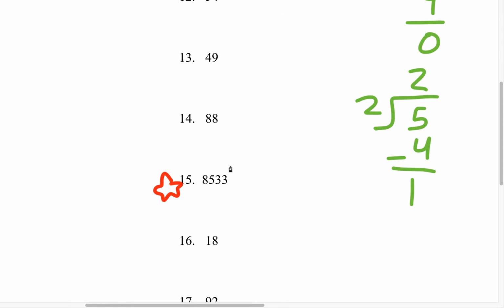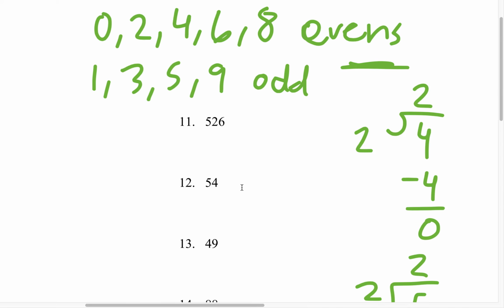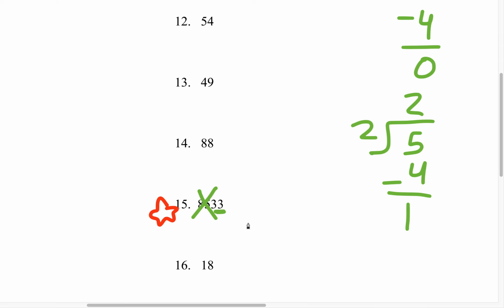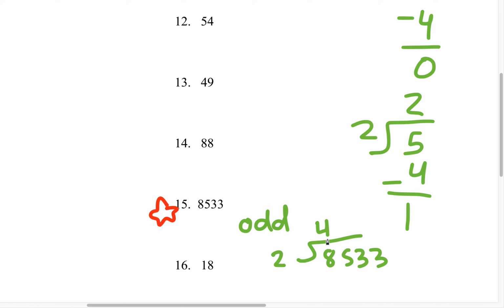Therefore, let's look at this huge number. Don't care about those 3 digits, and only care about the last one. If you see there's a 3, that's part of the odd units, and this is odd. Another way of solving this is that you could divide 8,533 by 2.